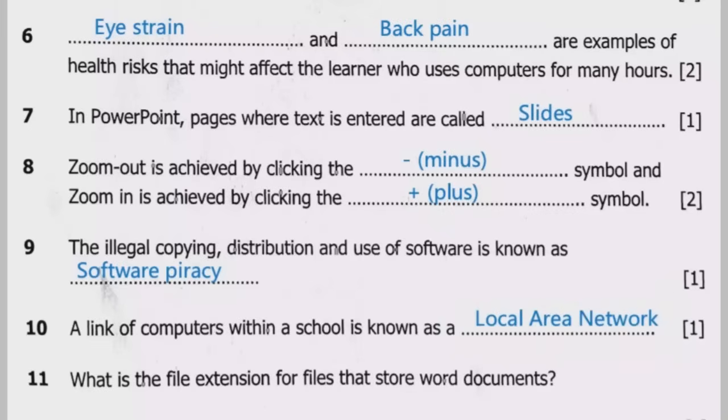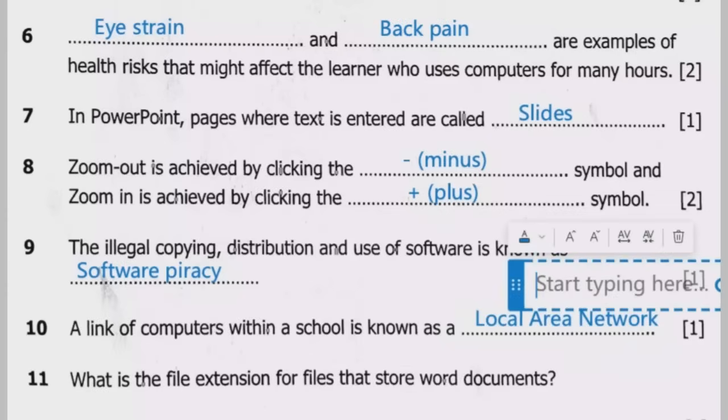Okay, so a link of computers within the school is the local area network, which is also abbreviated as LAN, where I just get L, A, and N. Let me just put that one on top, LAN.